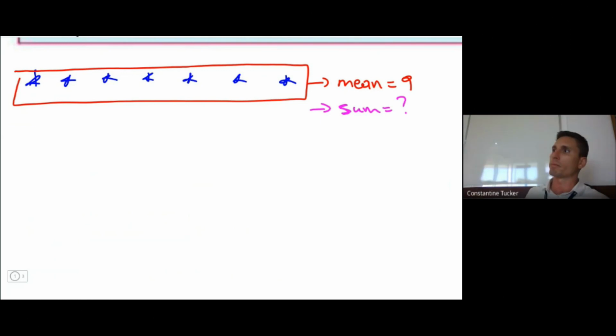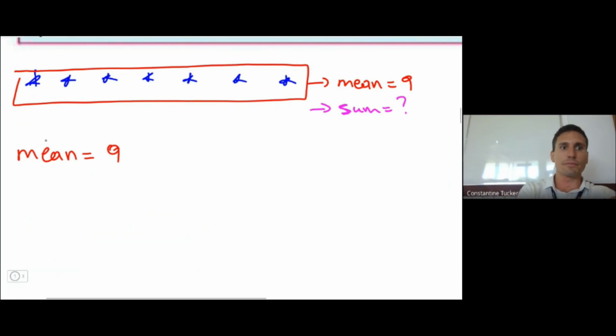Help me out with this one. What does the mean is equal to 9 mean? How would you get the mean of these numbers? How many numbers? How many things have we got here?